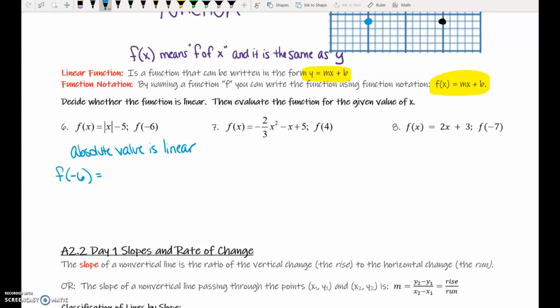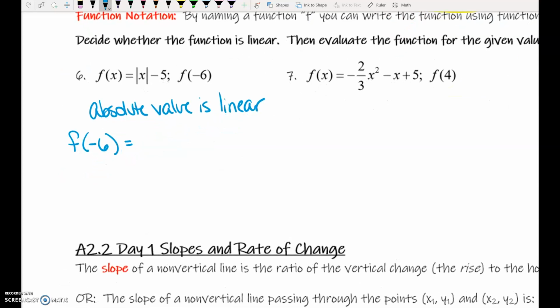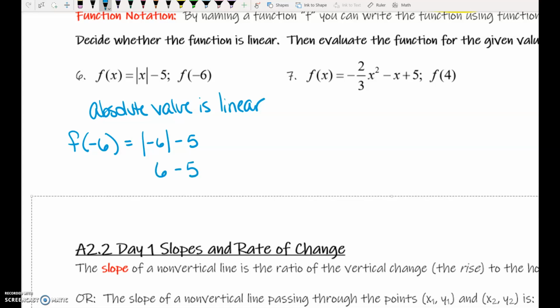That label means take the function that we labeled f, plug -6 into it. So we would take the absolute value of -6 minus 5. The absolute value of -6 is 6, and 6 minus 5 is 1. So technically our answer should look like this. F of -6 equals 1.